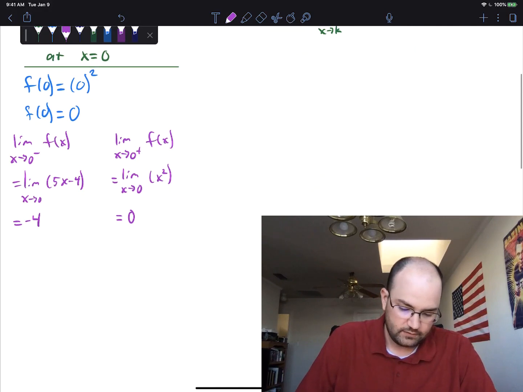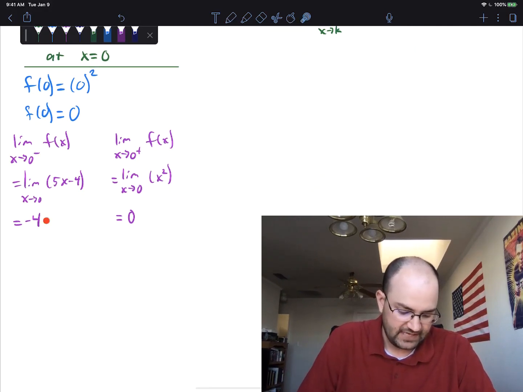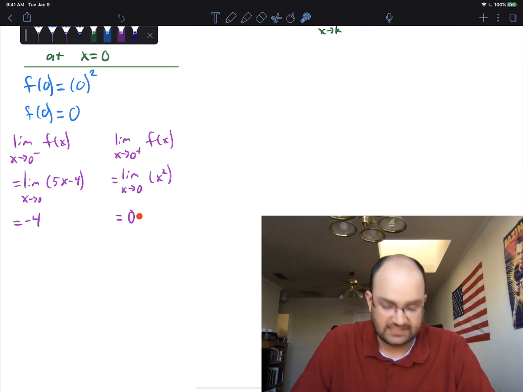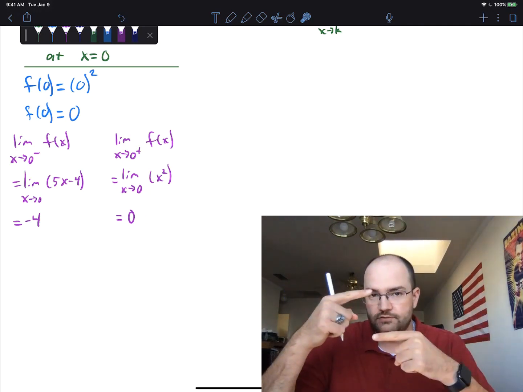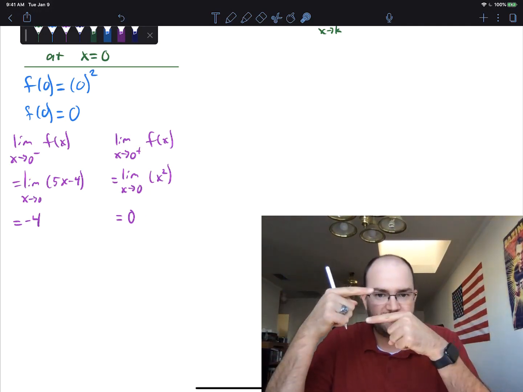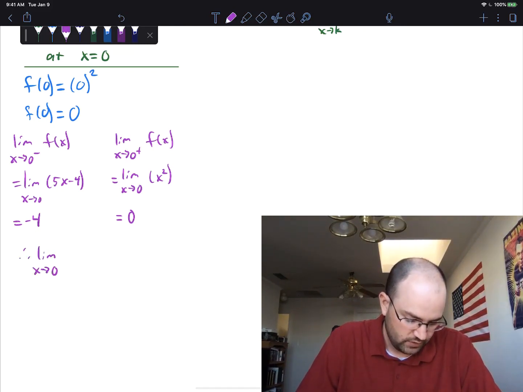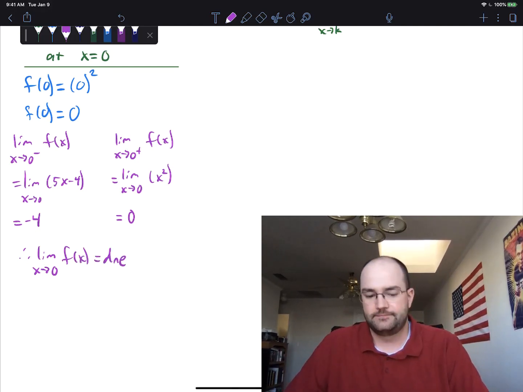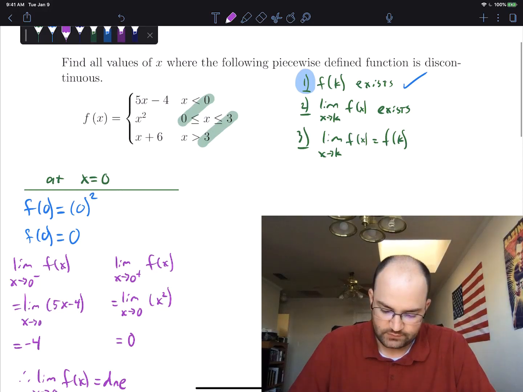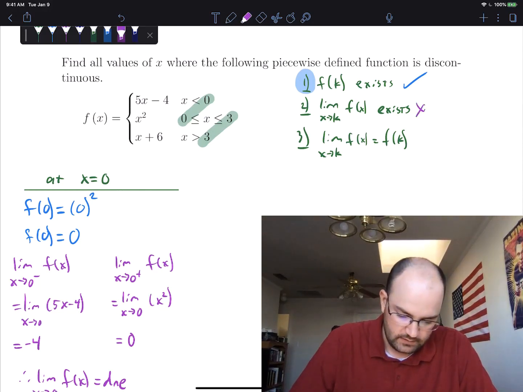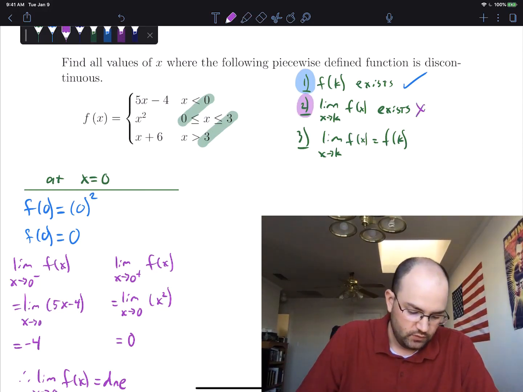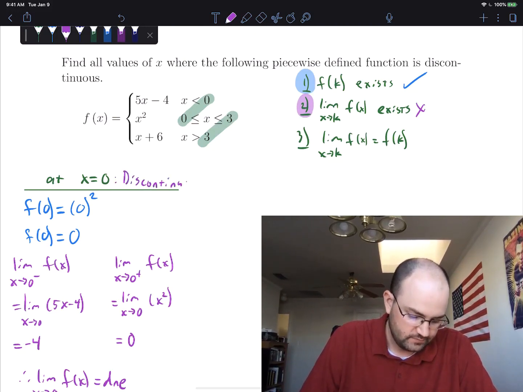But notice that the limit from the left-hand side is -4 and the limit from the right-hand side is 0. They're just not the same value. Therefore, the limit as x approaches 0 of the function does not exist. Which means, of course, the second condition fails, which means x equaling 0 will be discontinuous.